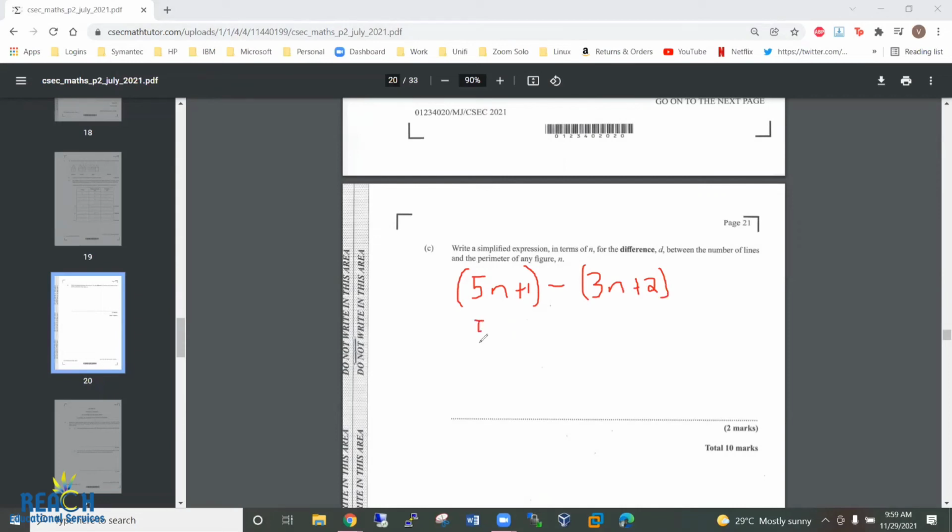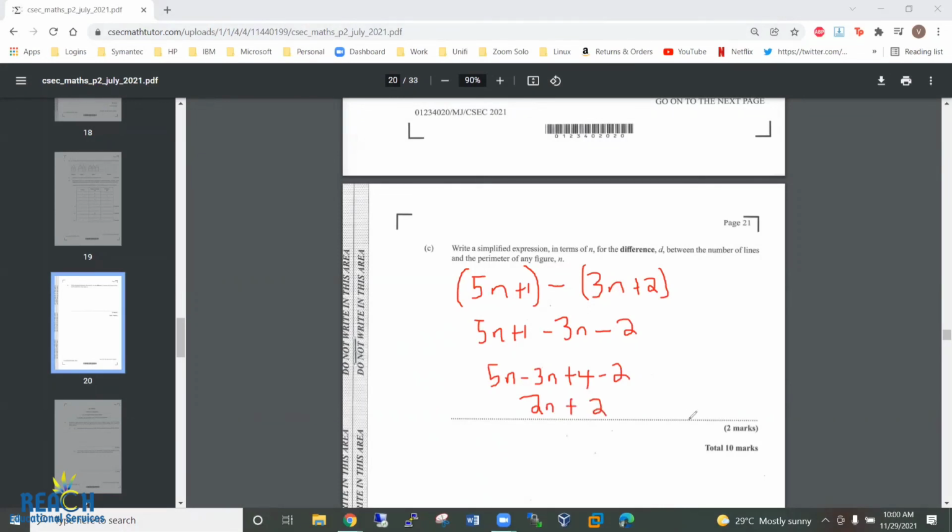Let's expand and simplify. Negative multiplied by everything in the second bracket: negative times 3n is negative 3n, and negative times positive 2 is negative 2. Then we group like terms: 5n minus 3n plus 1 minus 2 gives 2n minus 1.